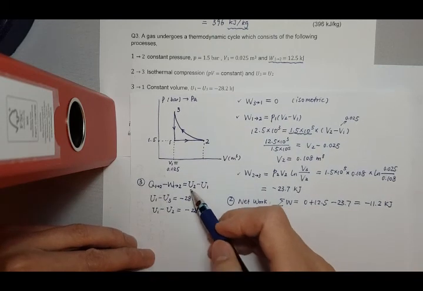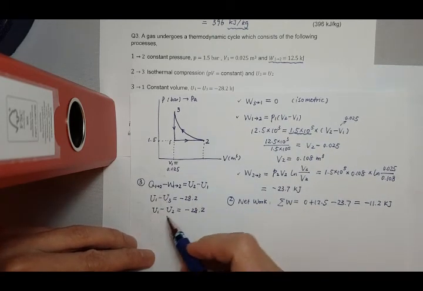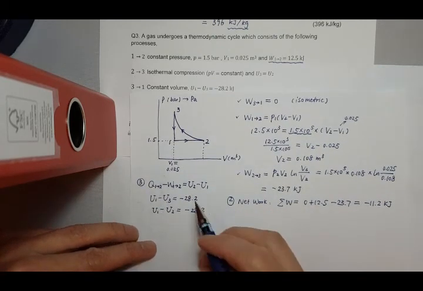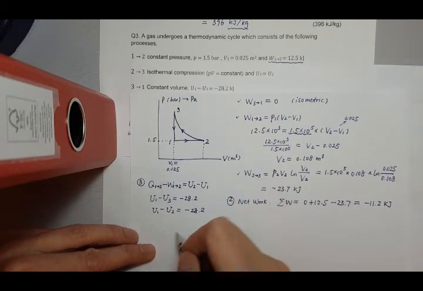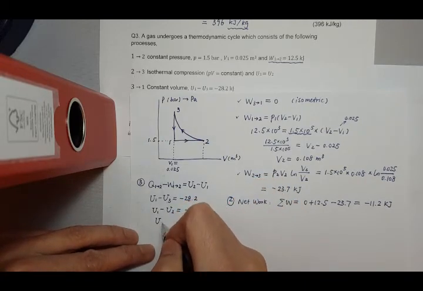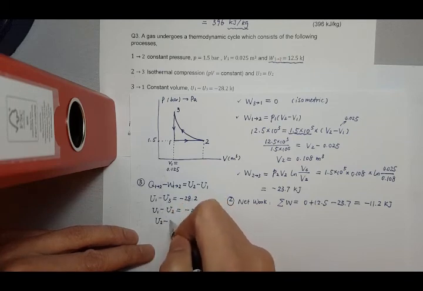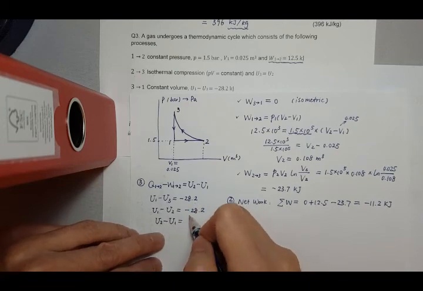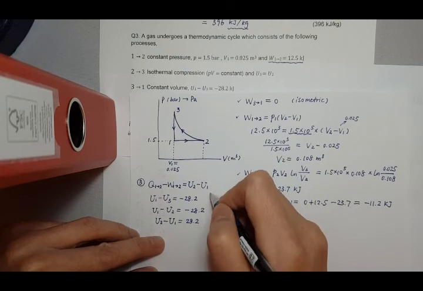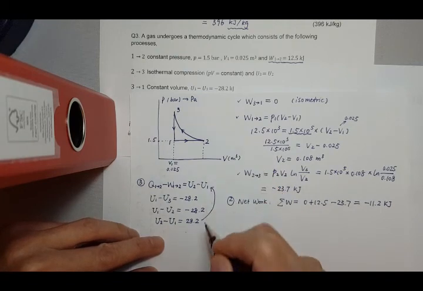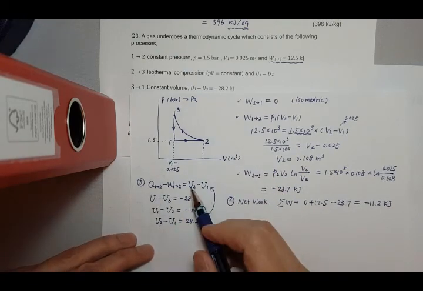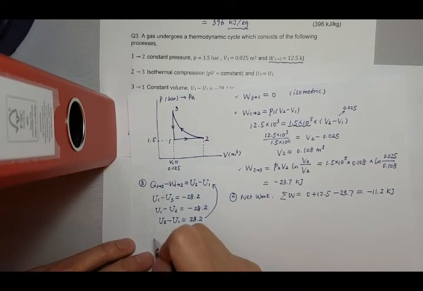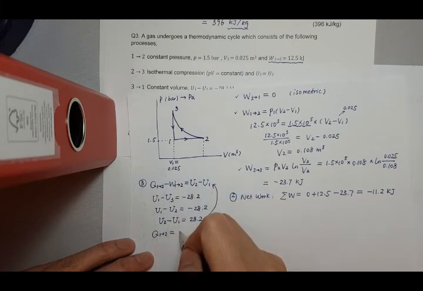As you can see, on the right we have U2 minus U1, and this is U1 minus U2. So we just swap it, and we can multiply by minus 1 on both sides, and then we get U2 minus U1. So actually we found U2 minus U1. Now we can move W over here to find Q1 to 2.